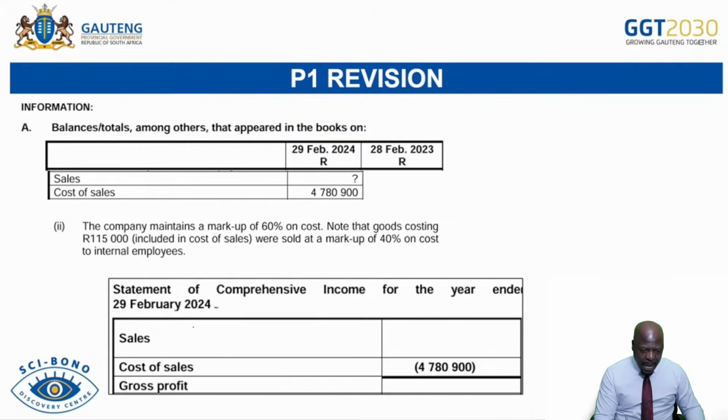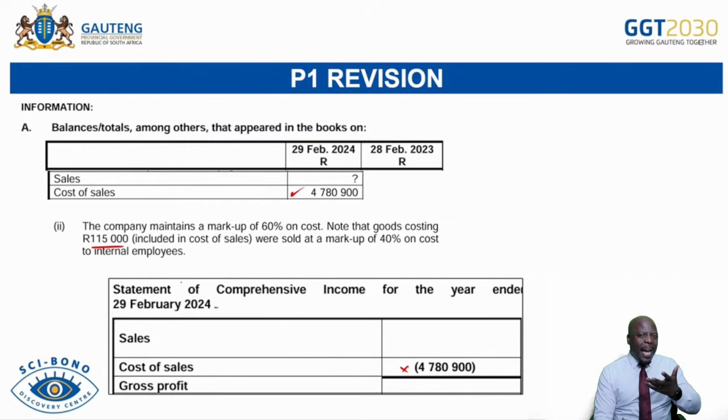So we're going to now calculate our sales. We are given cost of sales, which is 4,780,900. And we are told the company maintains a 60% markup on cost. Note that goods costing 115,000 included in the cost of sales were sold at a markup of 40% on cost to internal employees.